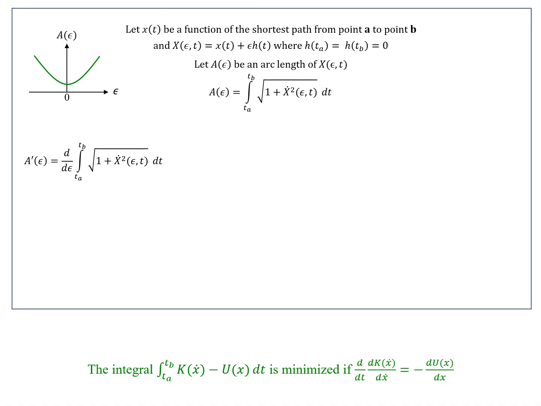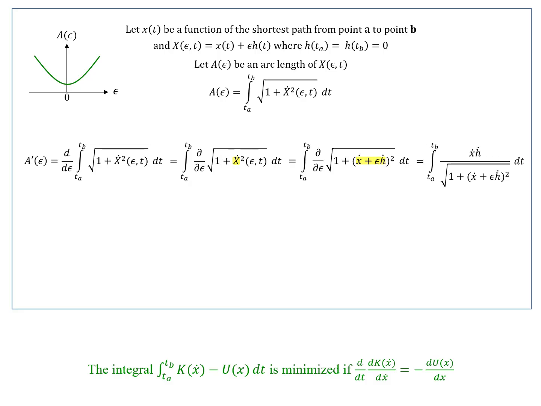By using Leibniz rule, we can move d by d epsilon inside the integral. After replacing big X by small x plus epsilon h, we have this. Consequently, we have A prime 0 equals the definite integral of x dot h dot over square root of 1 plus x dot squared.